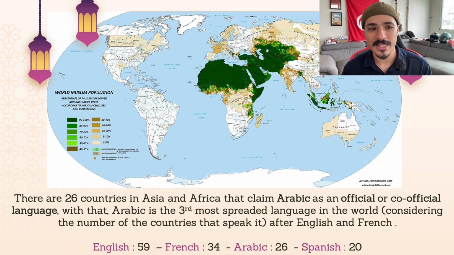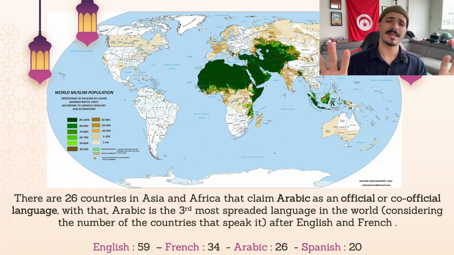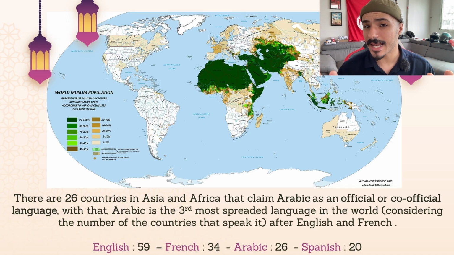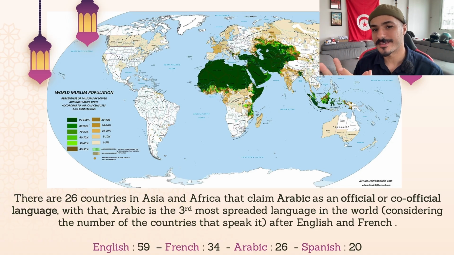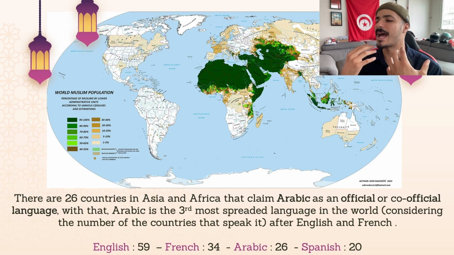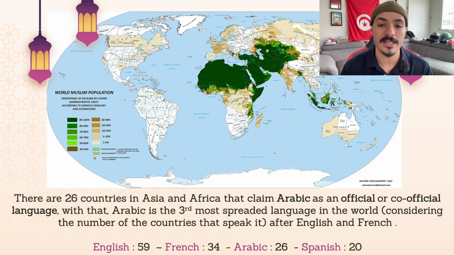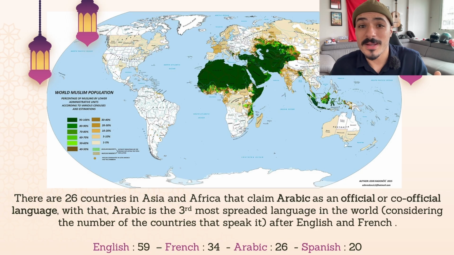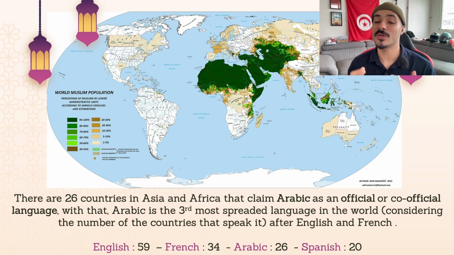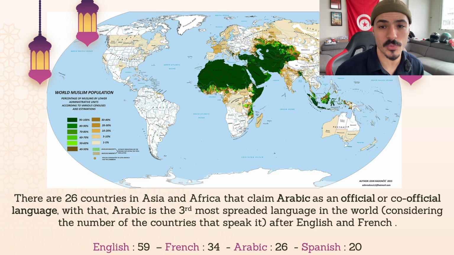On the map you see the world Muslim population, and most of this is covered by the Arabic language or languages like Urdu and Pashtun and Farsi and Bengali that were actually affected by the Arabic script. So for example, if you go to Pakistan, it's not an Arabic country, but you can still read and understand a lot as well.